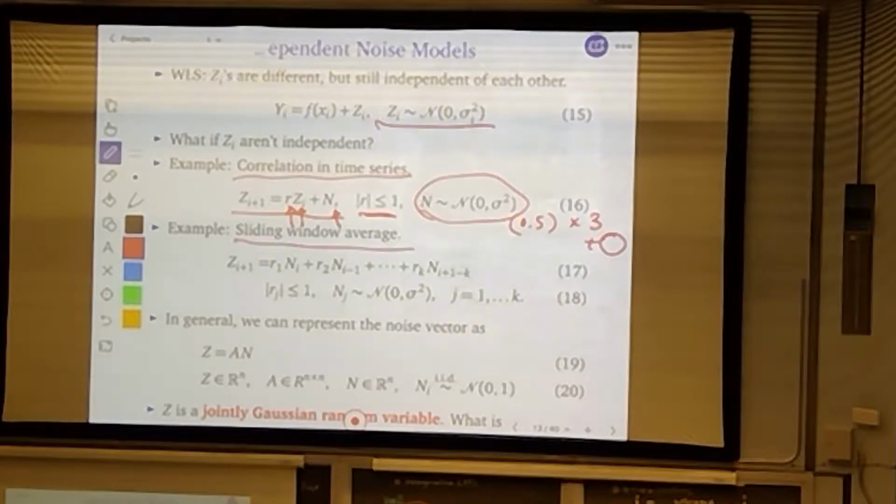Another example is sliding window average, also called moving average. Your measurements are not the raw measurements, but the sliding window average. You have 10 measurements, you calculate the average among these 10 instances. You move one step. So first you calculate number 1 to number 10, you calculate the average.